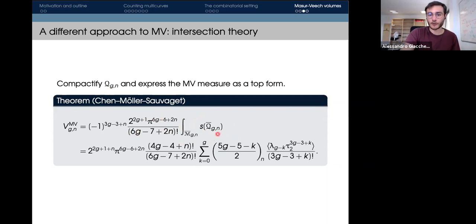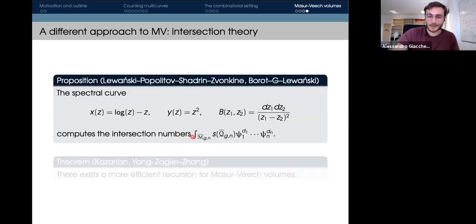And so this S of Q bar is actually a Chiodo class, as Danilo described in his talk. So you can use Chiodo's formula to represent it as a certain combination of Hodge integrals. But exactly from the fact that this class is a Chiodo class, we were able to prove that there exists a third topological recursion computing Masur-Veech volumes, and it's the one given by this spectral curve.